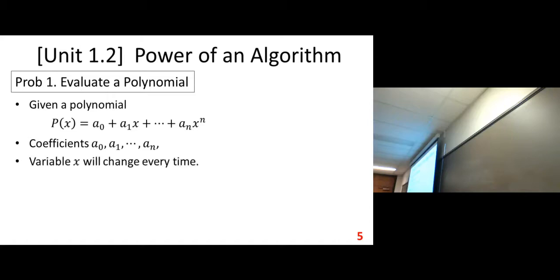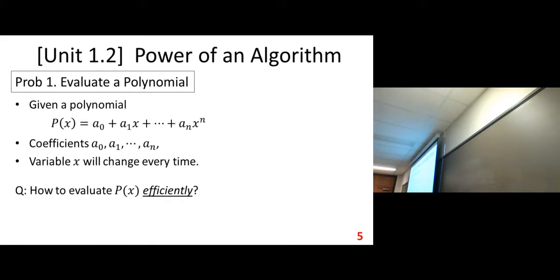Then, when you run this function, every time the x value is different. Coefficients are always the same. So that's the problem. The question: how to evaluate the value of the function p of x efficiently.